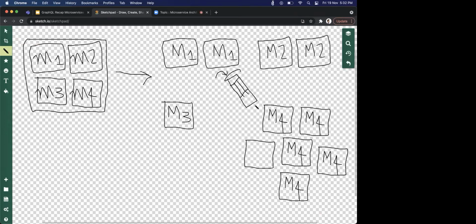And this will consume that message, process it, and then send an email to the user यहाँ से.